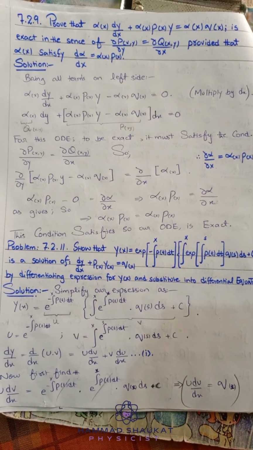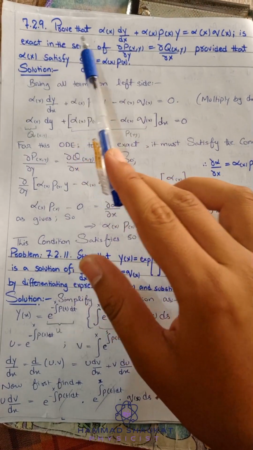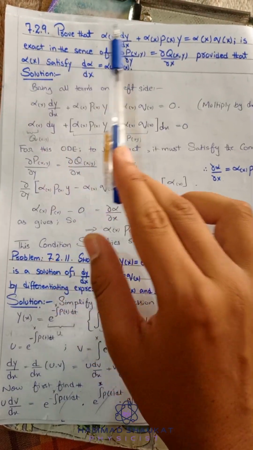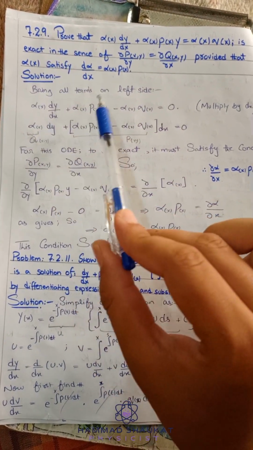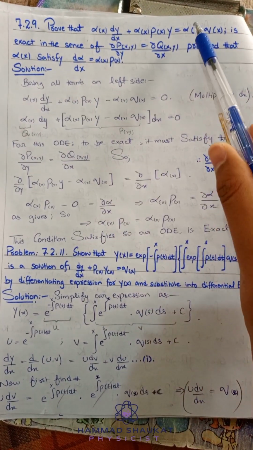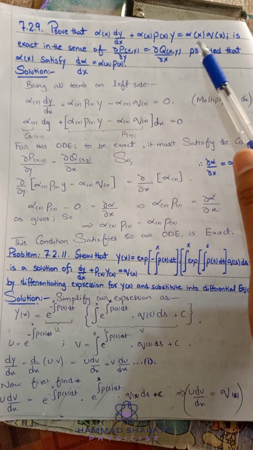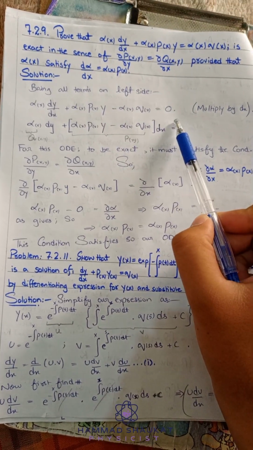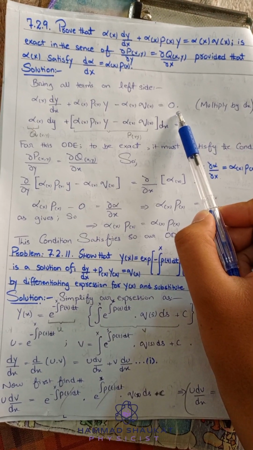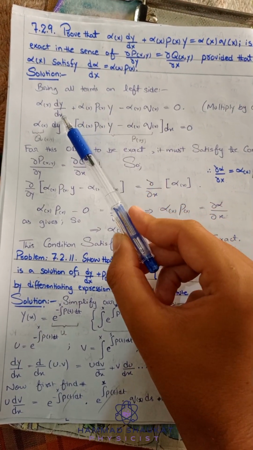So how to solve this relation? You have to prove this equation is exact, so you have to start from here. Let's move this from the right-hand side to the left-hand side, so it becomes equal to 0. To show your equation is exact, first you have to move this dx to the other side.